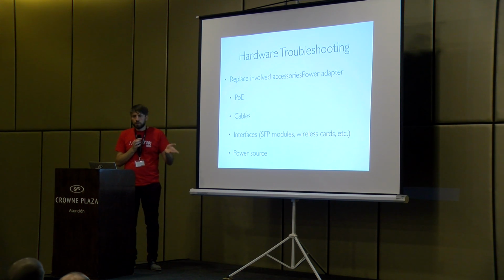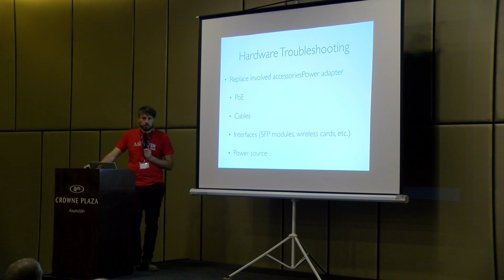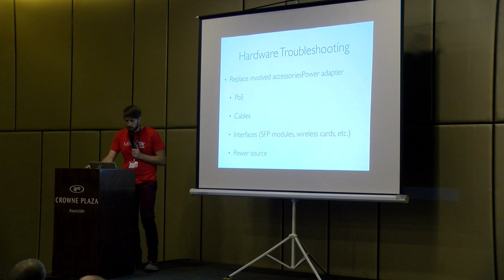Change the PoE adapter, change the cable, maybe somehow the cable is damaged and your router is not able to work. Then check the interfaces like SFP modules, wireless card, and if everything seems to be correct, you also need to check the power source. And if the power source is working, then more probably you will need to return the device on RMA.